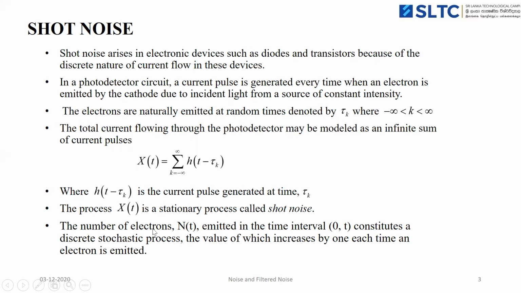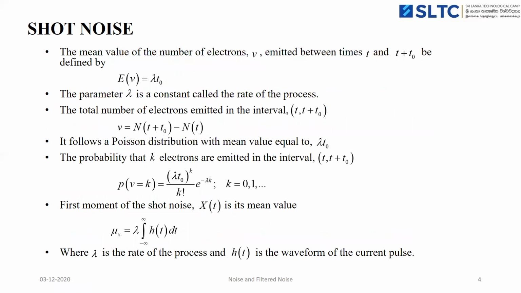The total number of electrons emitted in the interval 0 to t is denoted by capital N of t. It is modeled as a discrete stochastic random process, and this count increases by 1 for every emitted electron.